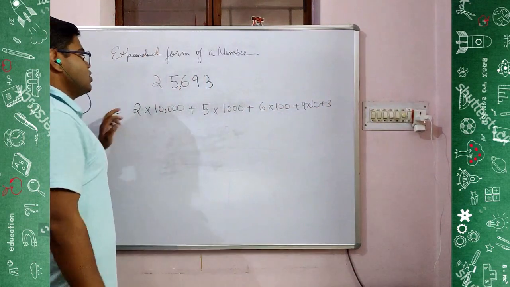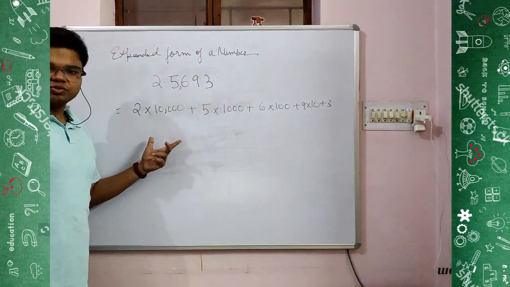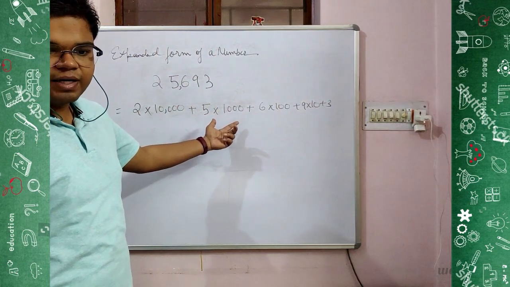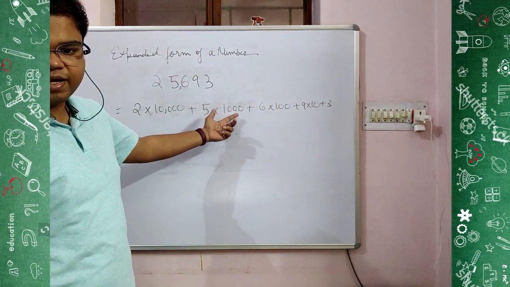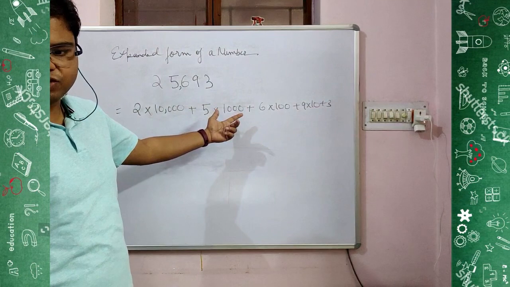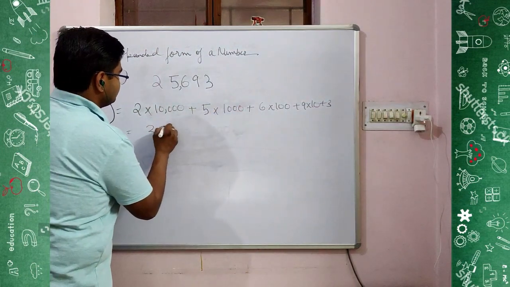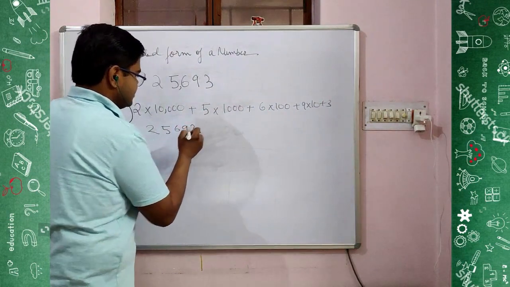So what is the expanded form of 25693? 2 into 10,000 plus 5 into 1000 plus 6 into 100 plus 9 into 10 plus 3, children. So if we add all these again, then we again get 25693. Okay, children.